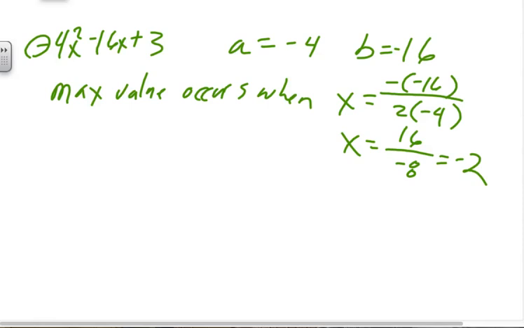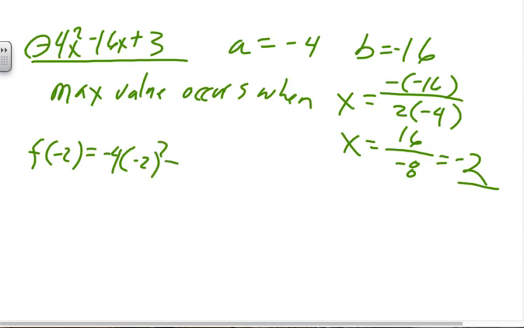And this corresponds. Now we take this value, we plug it back in up here to find out what our function would be. So f of negative 2 equals negative 4 times negative 2 squared minus 16 times negative 2, two negatives make a positive, plus 3.